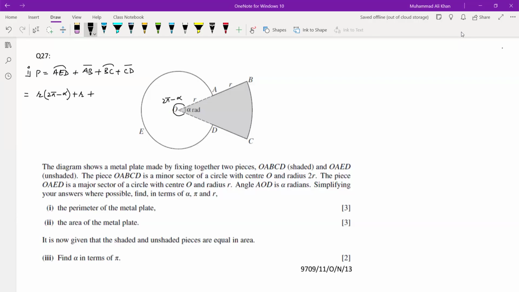The radius is 2R and theta is alpha, plus CD is again R. So it will be 2 pi R minus R alpha plus R plus 2R alpha plus R. Now, R and R, 2R, minus R alpha and plus 2R alpha is R alpha, and plus 2 pi R.